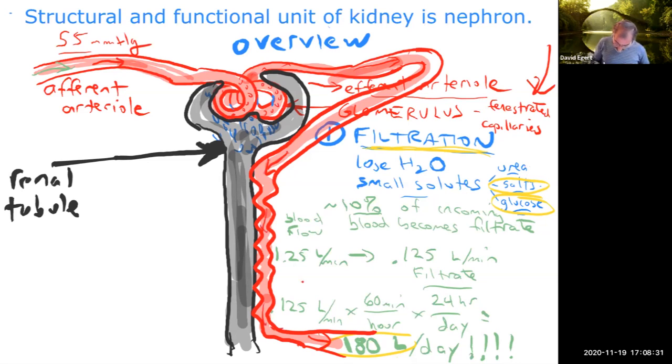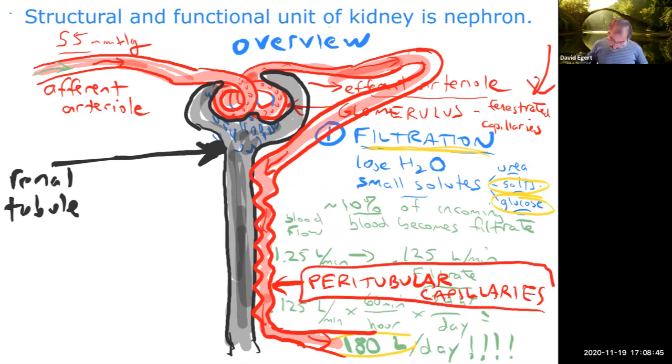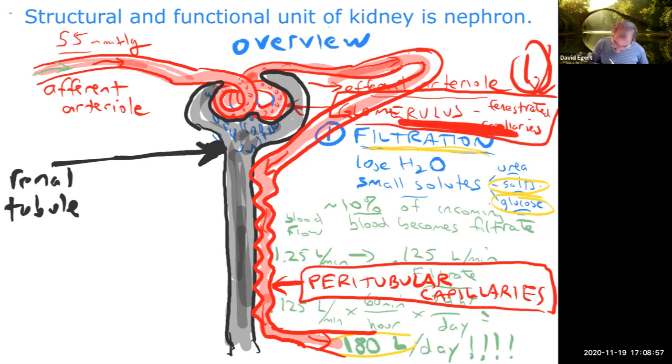So this here is what we call my peritubular capillaries, as opposed to the glomerulus, which was my first capillary bed. So this was my first capillary bed here at the glomerulus, and then peritubular capillaries here.